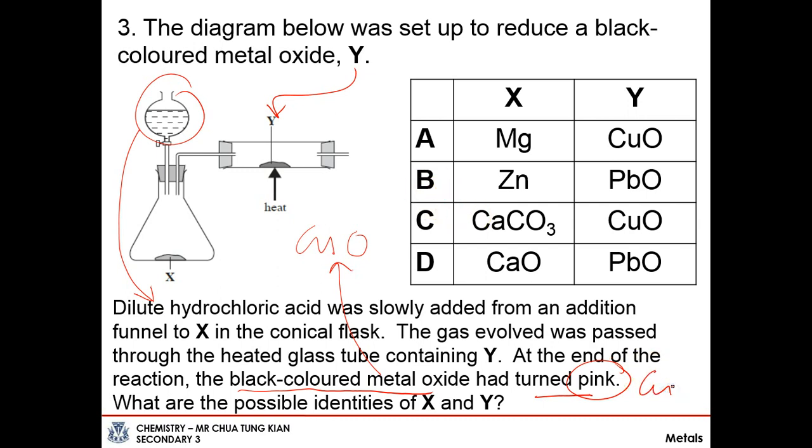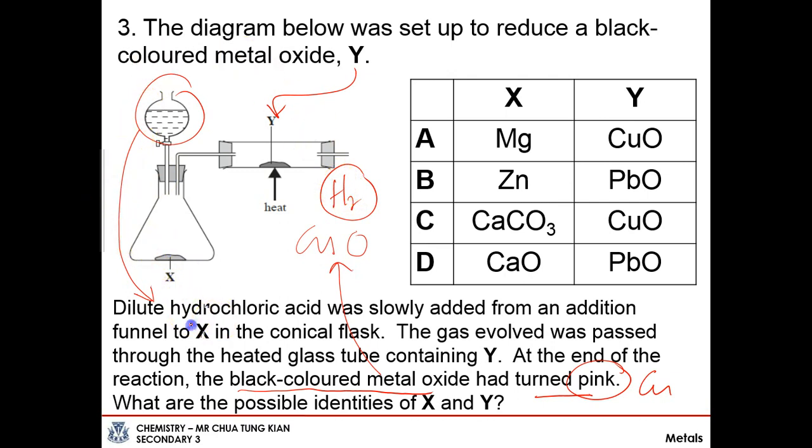So which gas can reduce copper oxide into copper metal? It would be hydrogen gas. So how is hydrogen gas produced during the reaction between an acid and X? If you think back, what is a possible reaction by which H2 gas is produced when an acid reacts with something?